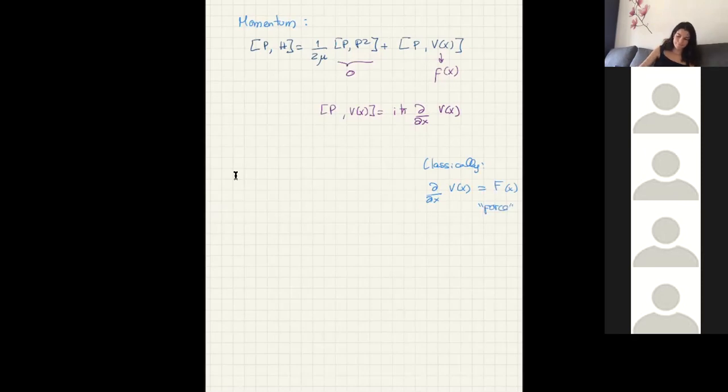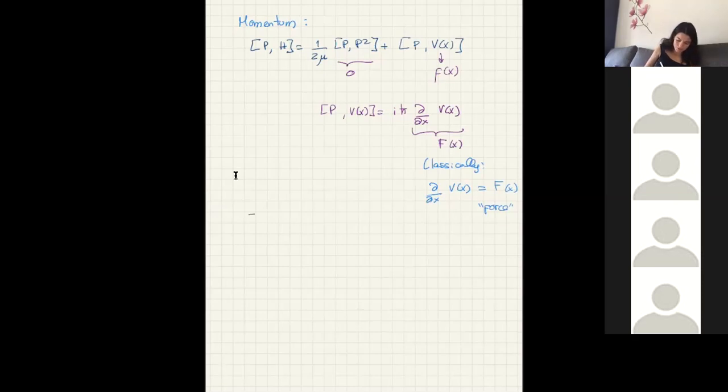So in this case, we just take this quantity and we give it a name, f of x, which doesn't mean we're saying that this is the force. It's a convenient analogy, and it's just a name that we give it. It doesn't mean anything.